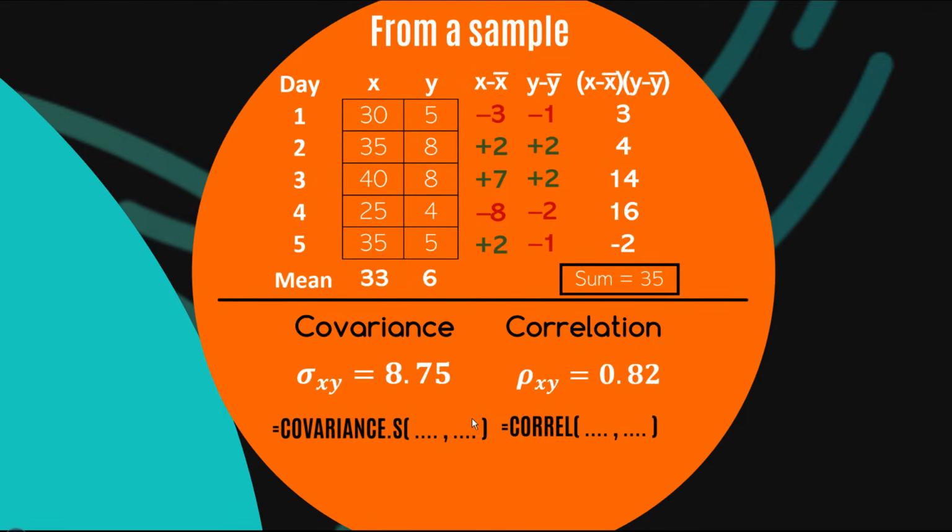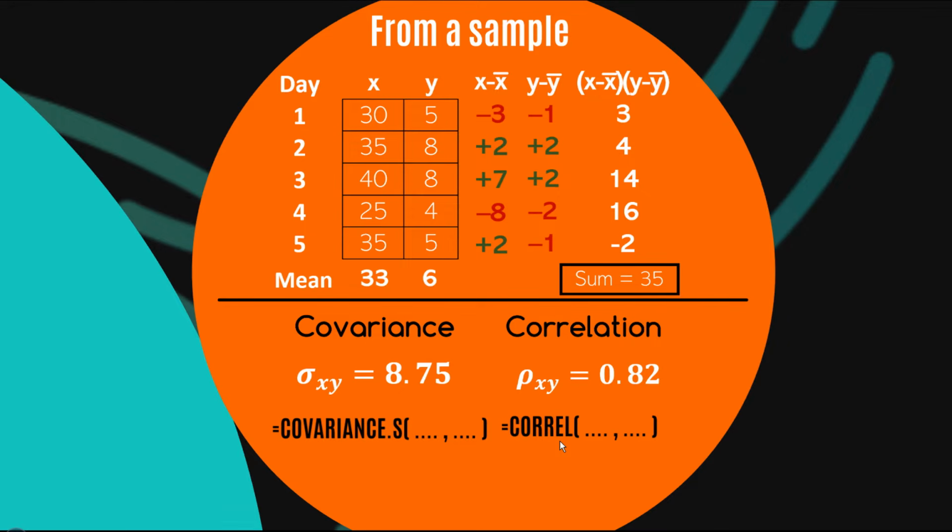You would just put the cell references in there, and that would find you the covariance, and this will find you the correlation. And again, it's a correlation of a sample. It just so happens that you don't need the .s for this particular Excel formula. So that's it. That is how to calculate from a sample.